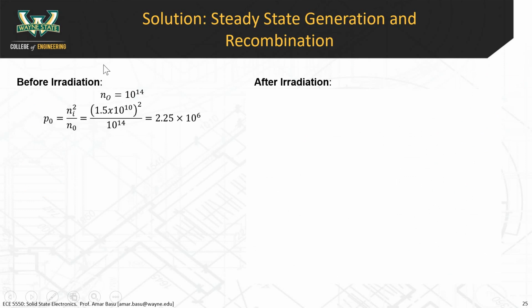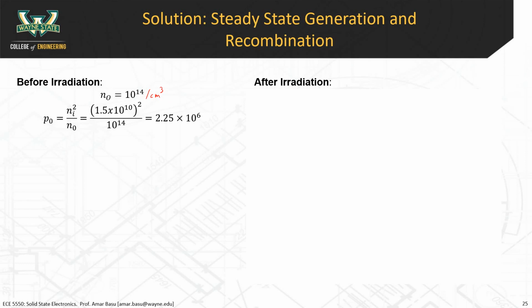So before irradiation, you figure out n0 and p0. This problem you already know how to do from the last module. You doped at 10 to the 14th per centimeter cubed, that's your doping density. And so your electron concentration is also 10 to the 14th per centimeter cubed.